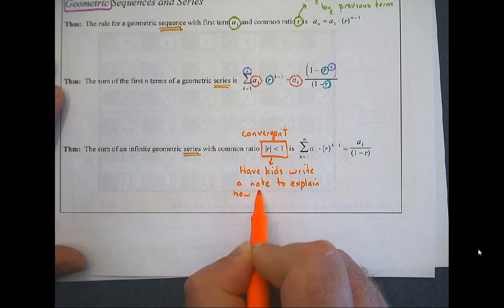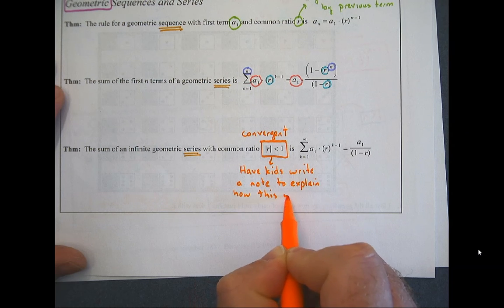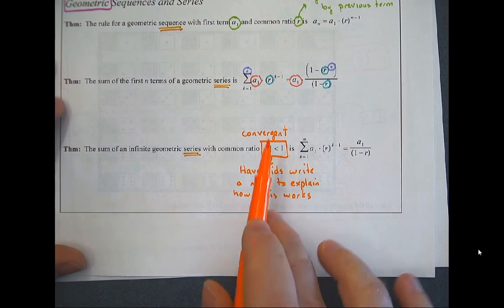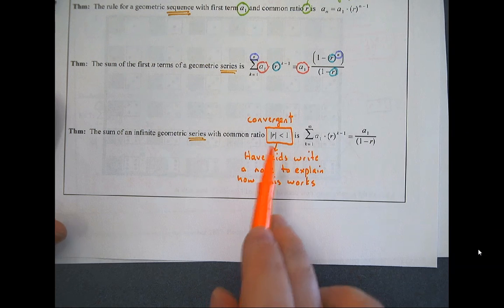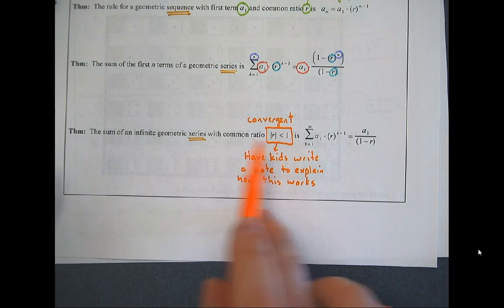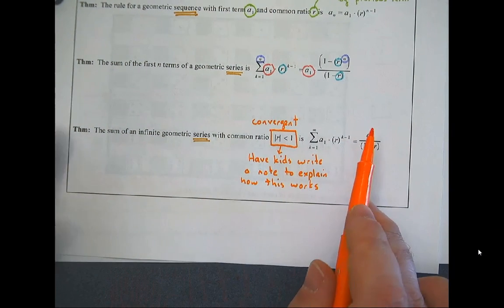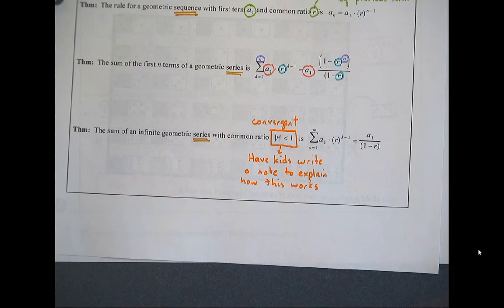So I'm giving you a chance to add a little bit to your cheat sheet. How do you know when you're going to get an infinite series with an actual sum and one that just goes off to infinity? After that, attack the homework. Good luck.